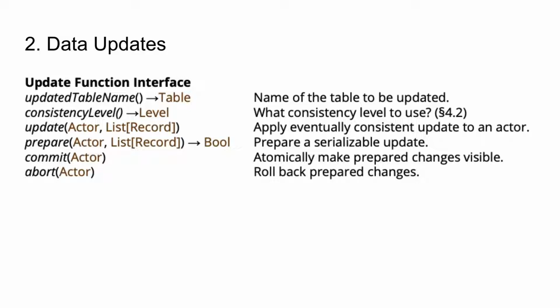If you see here, the consistency level is configurable. It is up to you, as well as the atomic guarantees for your updates. Eventual consistency is provided by default, and you only need to implement the update method for that. For stronger guarantees, you will need to implement the participant protocol of two-phase commit, which is prepare, commit, and abort.